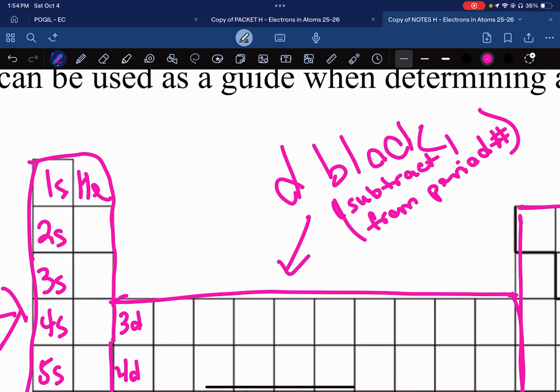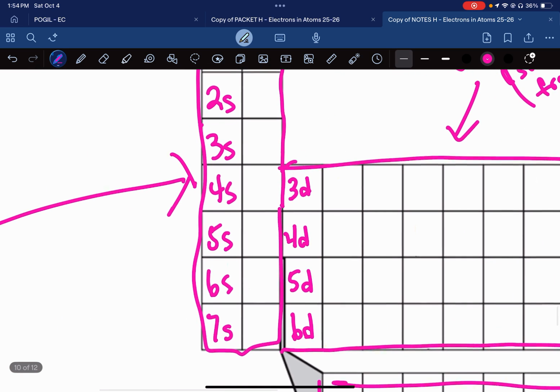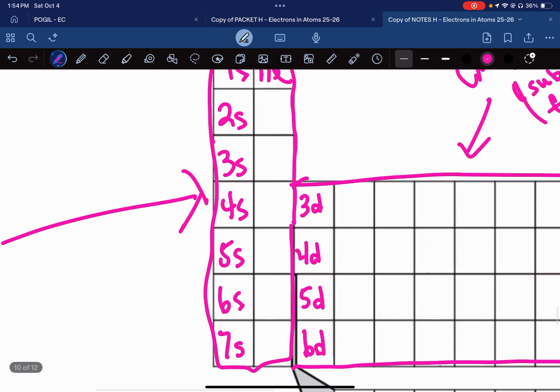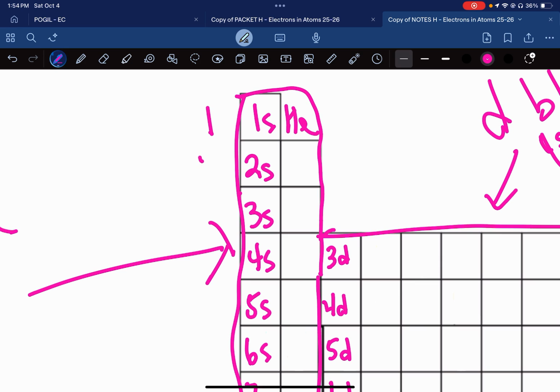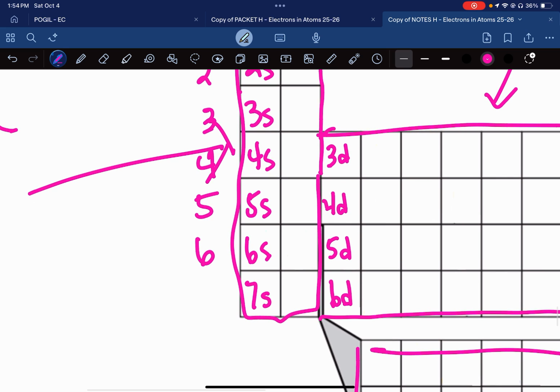I know you guys remember what the periods are, right? If I were to just draw our periods, this is the first period, second period, third period, fourth period, fifth period, sixth period, seventh period.